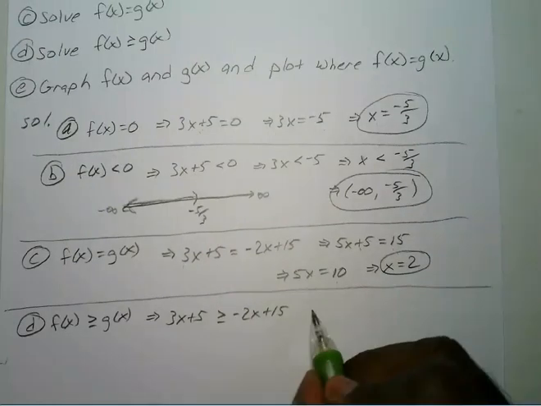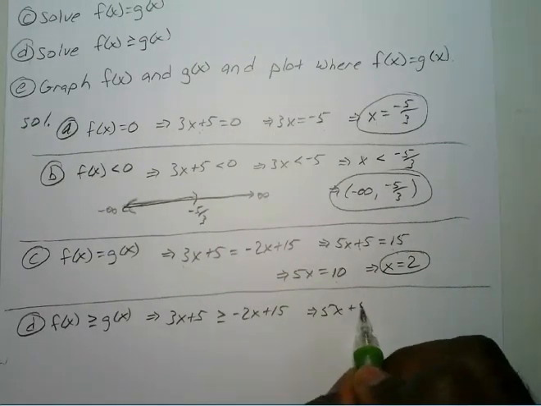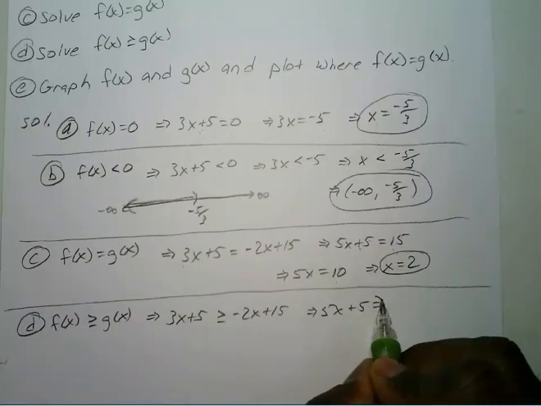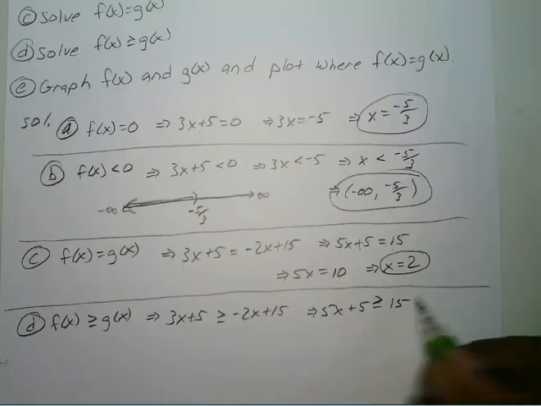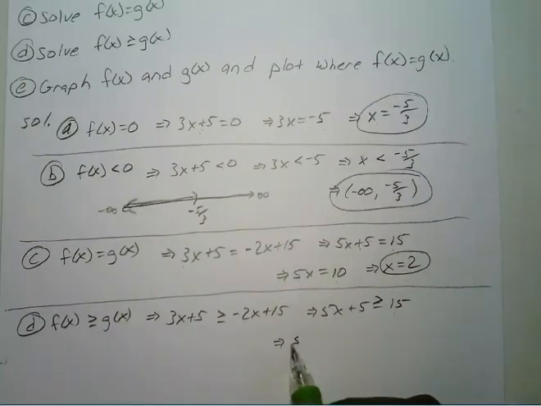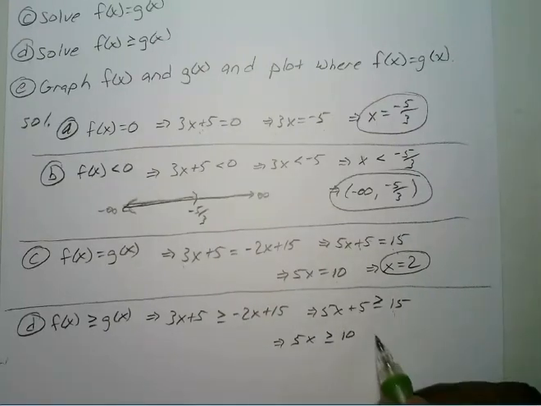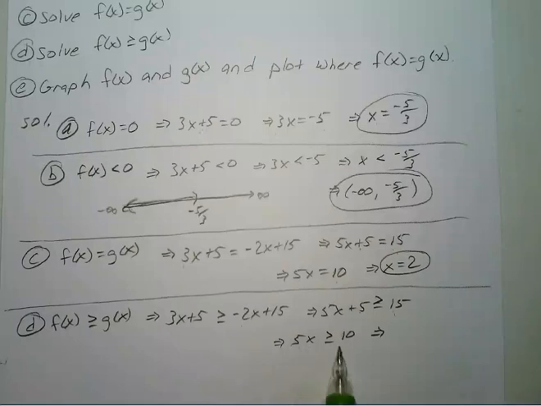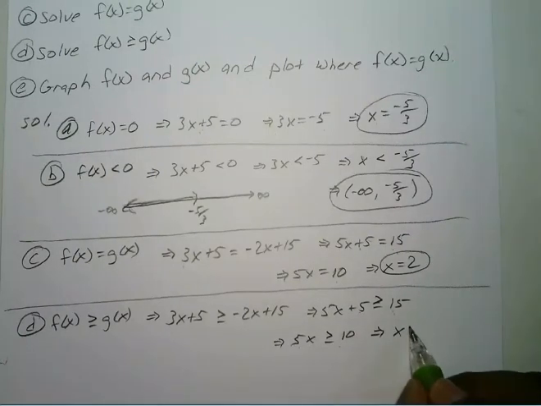Add 2x to both sides, get 5x plus 5 is greater than or equal to 15. Subtract 5 from both sides. We have 5x is greater than or equal to 10. Divide both sides by 5. We get x is greater than or equal to 2.